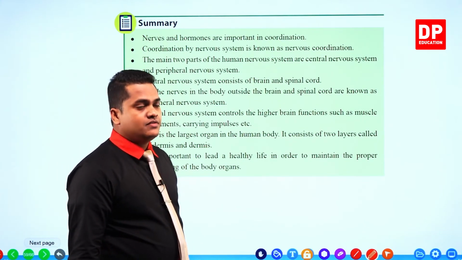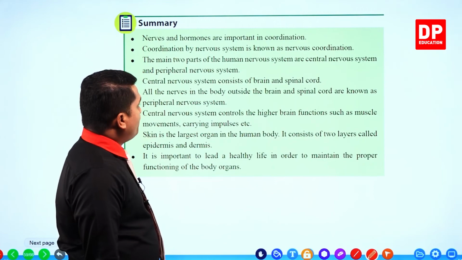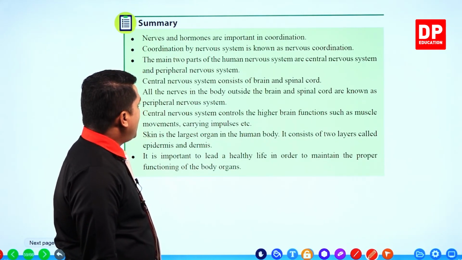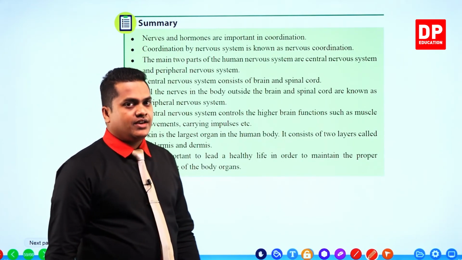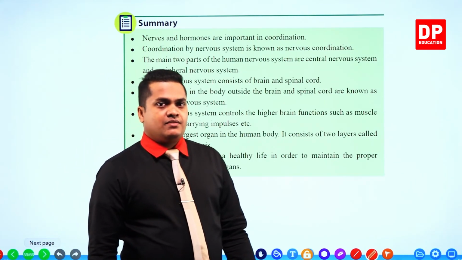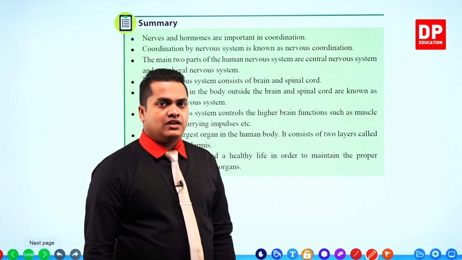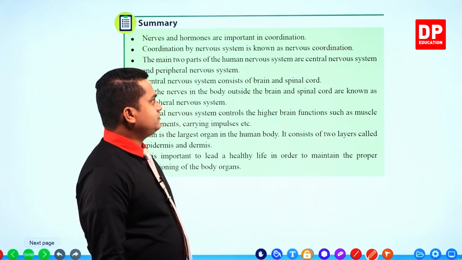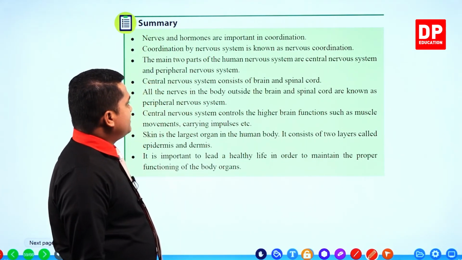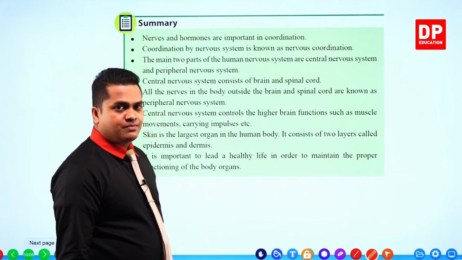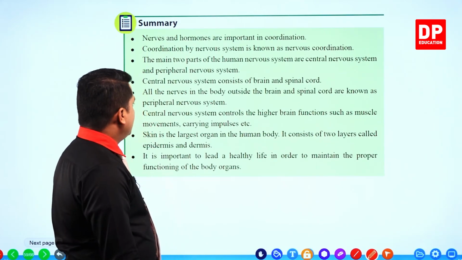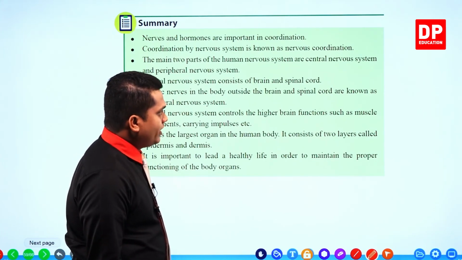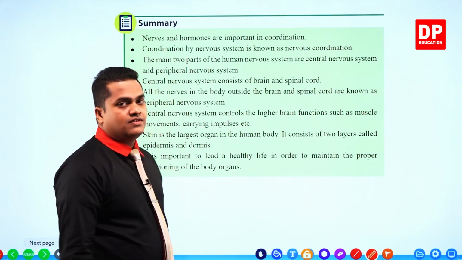The main two parts of the human nervous system are the central nervous system and the peripheral nervous system. We studied that. The central nervous system is the brain and the spinal cord. The peripheral nervous system is the cranial nerves and the spinal nerves. All the nerves in the body outside the brain and spinal cord are known as the peripheral nervous system.